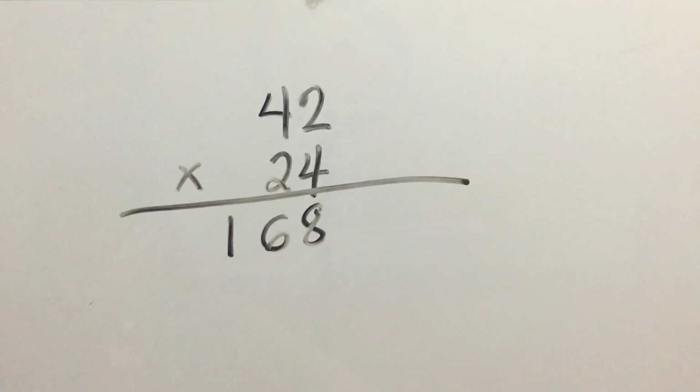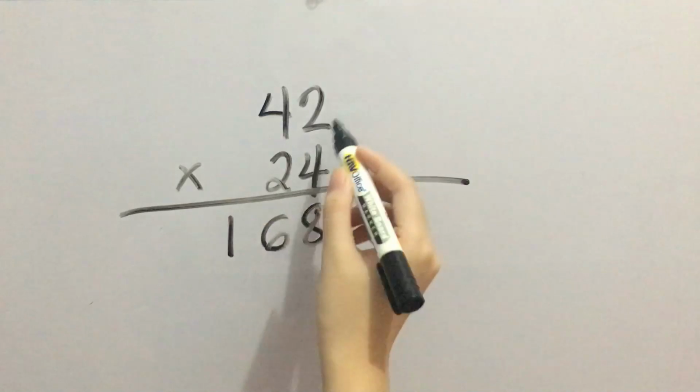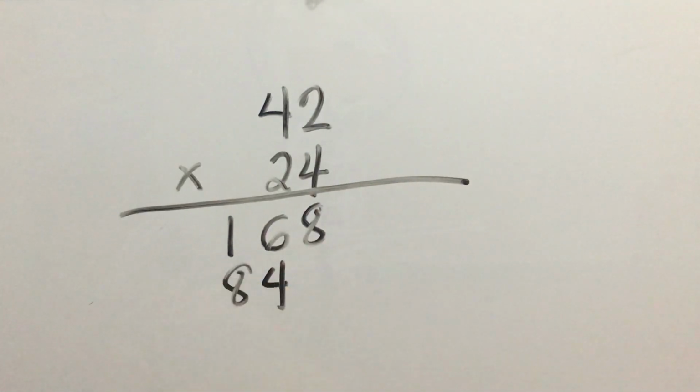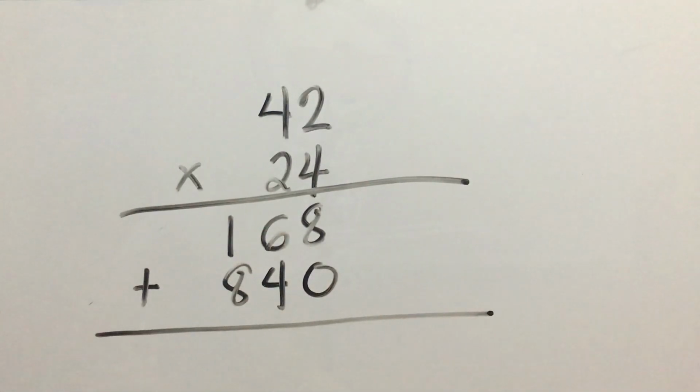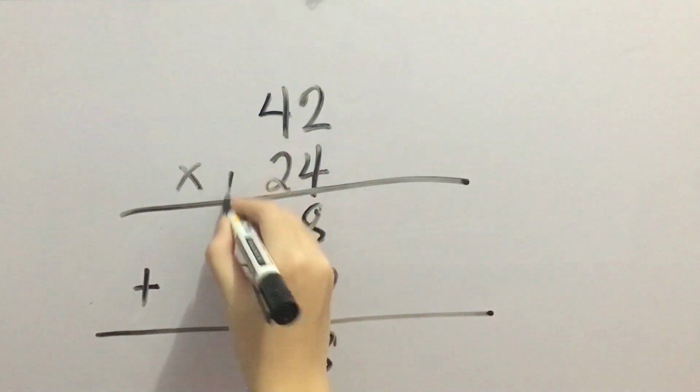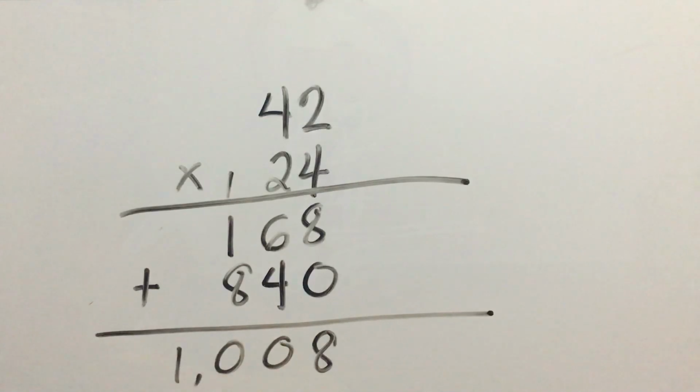Multiply the tens digit of the multiplier with all the digits of the multiplicand. Regroup if necessary. Step 3. Add the partial products. After doing these steps, we'll get the product, which is 1008. Good job!